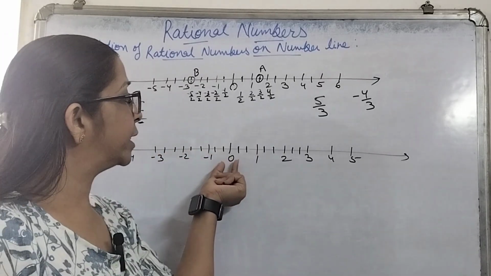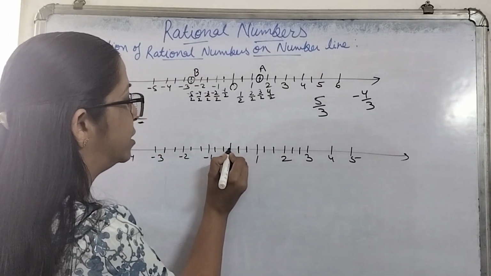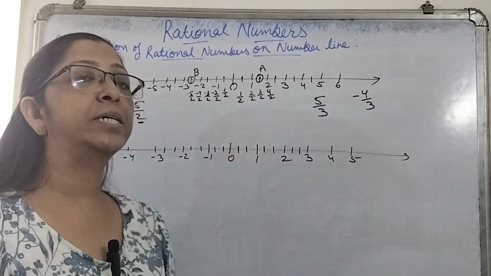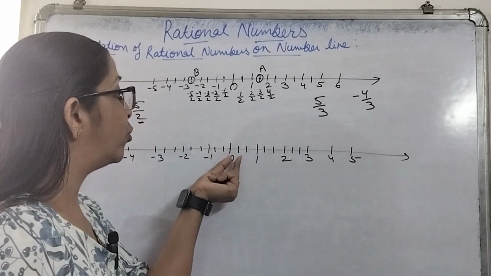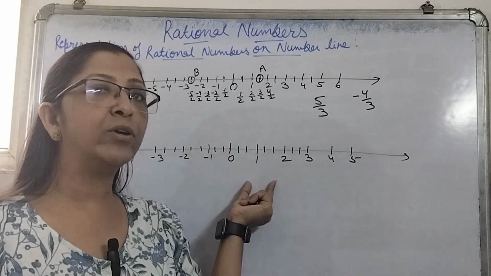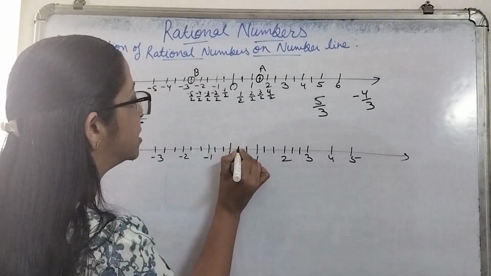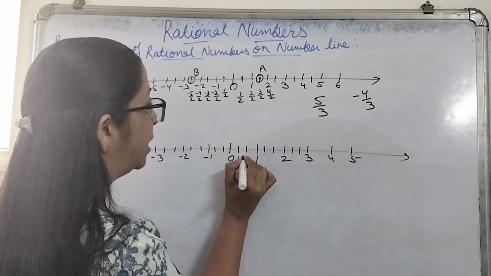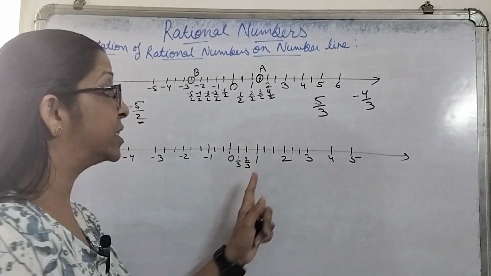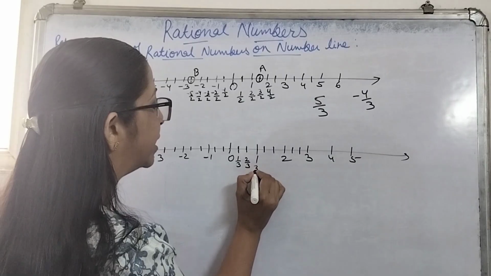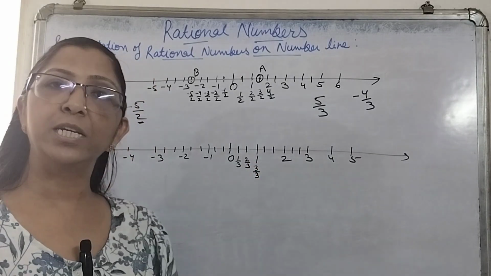Now every small distance, from this point 0 to this point, is representing 1 upon 3. 0 to 1 is the unit distance. So 1/3 of the unit distance will be 1 upon 3. So this distance is representing 1 upon 3. The second point will be your 2 upon 3. The third point, which is representing 1, could even be written as 3 upon 3, because 3 upon 3 is 1 only.